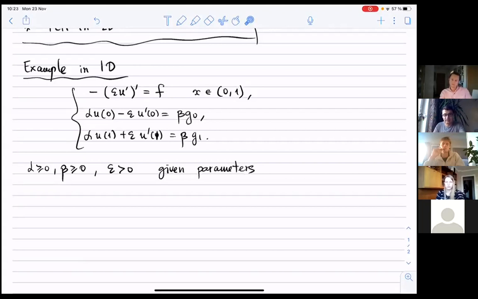But as I said, in practice, it is recommended that you follow this mixed formulation. Of course, in the exam and in the derivation, you can do it the way that you like.